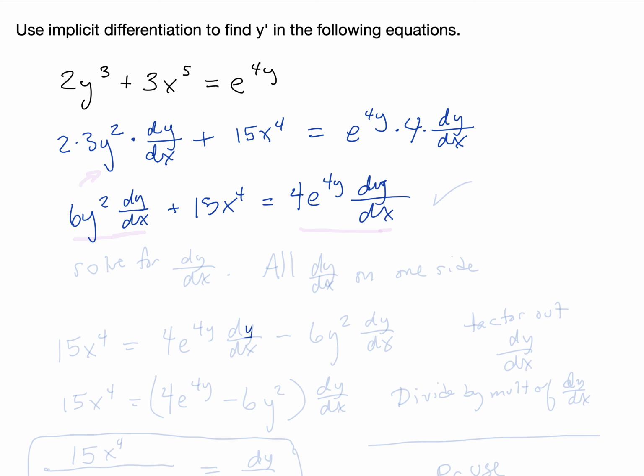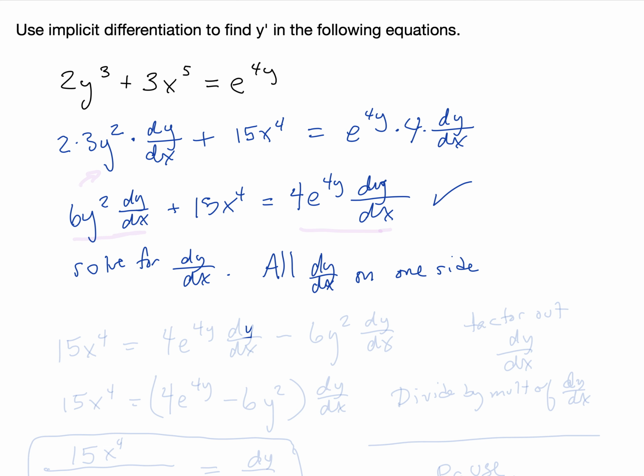And now our next step: we've taken the derivative, and now we want to solve for dy dx. Solve for the derivative. So we want to get all the dy dx's on one side. So all dy dx on one side is our next goal.